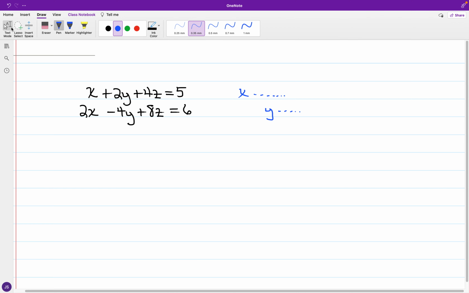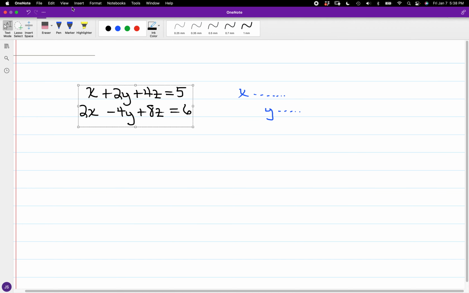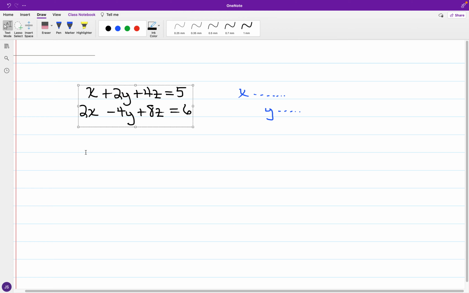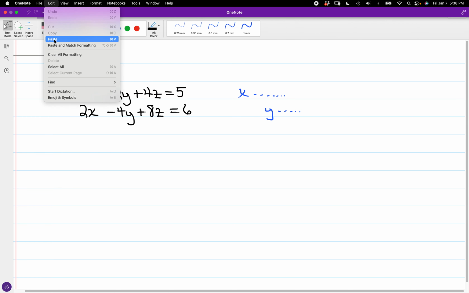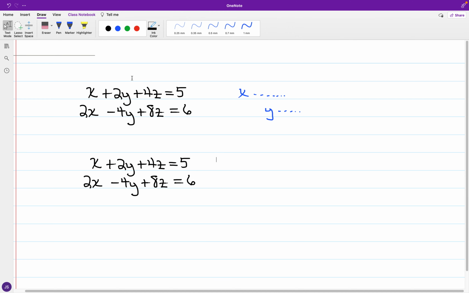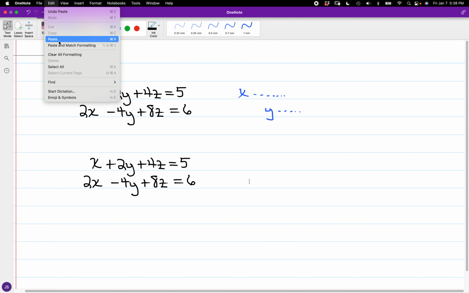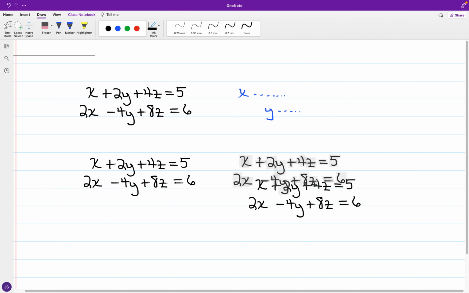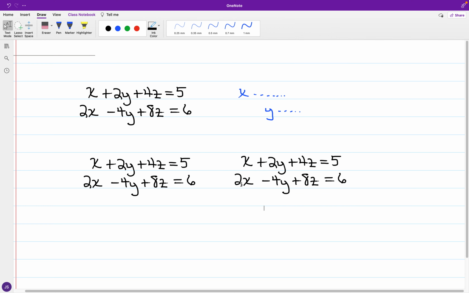Okay, so in the case of this particular system, I want to get rid of the presence of x in the second equation. In the second equation I have the x term in the form of 2x, and that which is going to take care of 2x is going to be negative 2x.